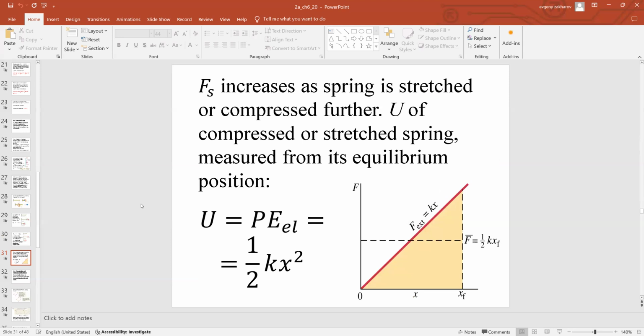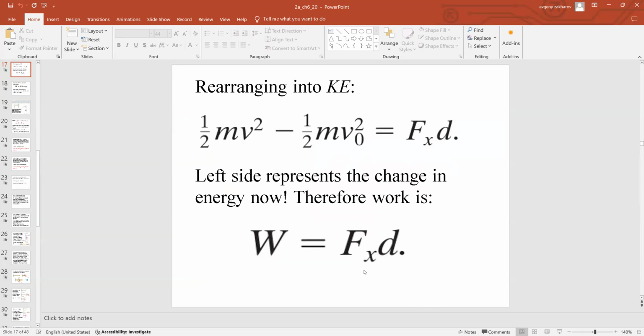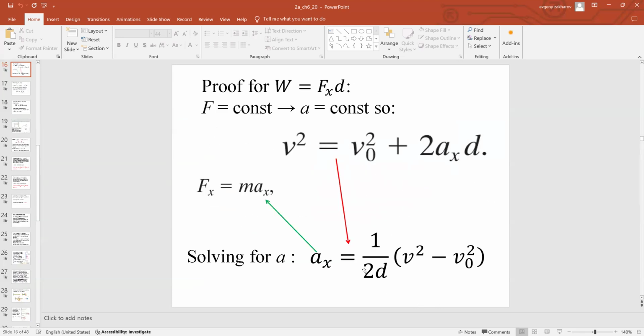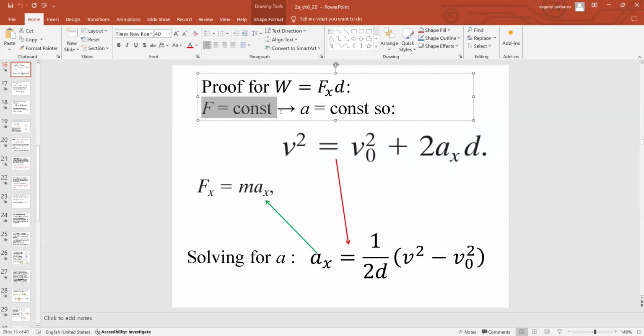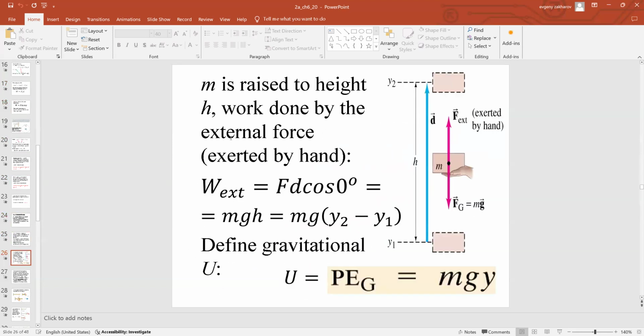This spring force is one of those forces that do not stay constant. Remember, we started our calculations with forces being constant, and that produces constant acceleration. For the spring force, that's not true.